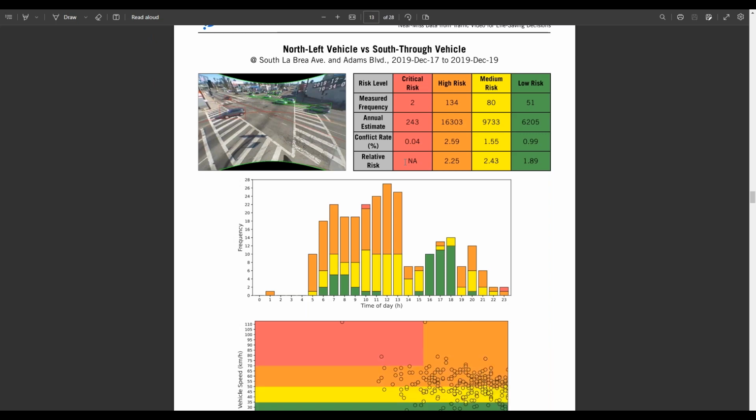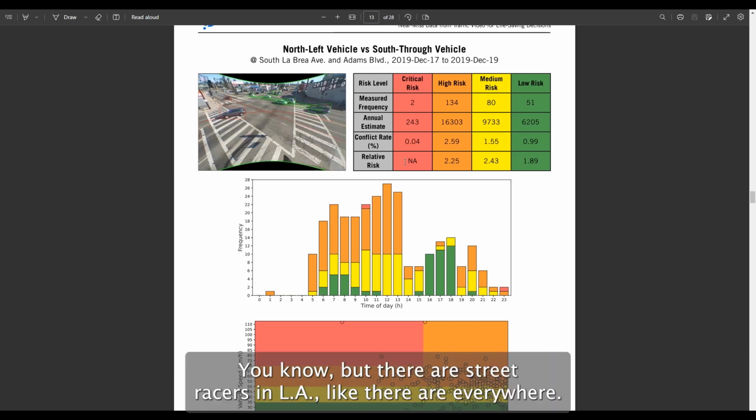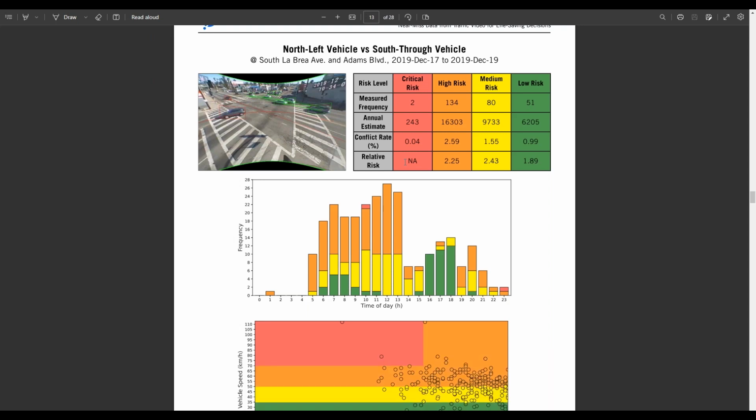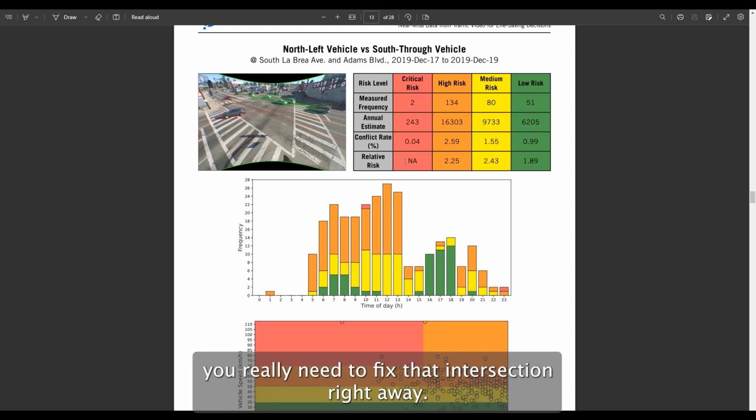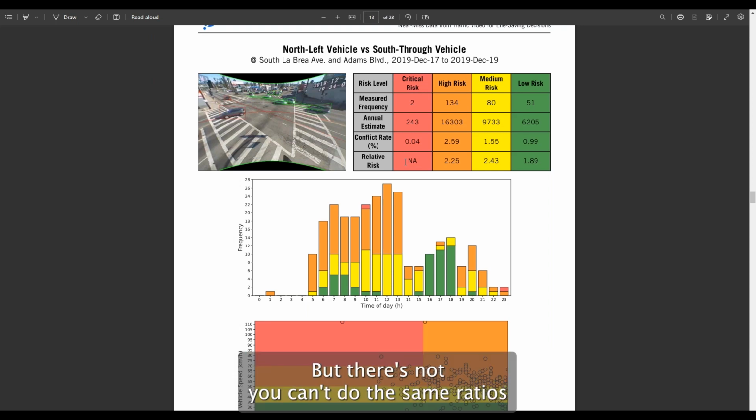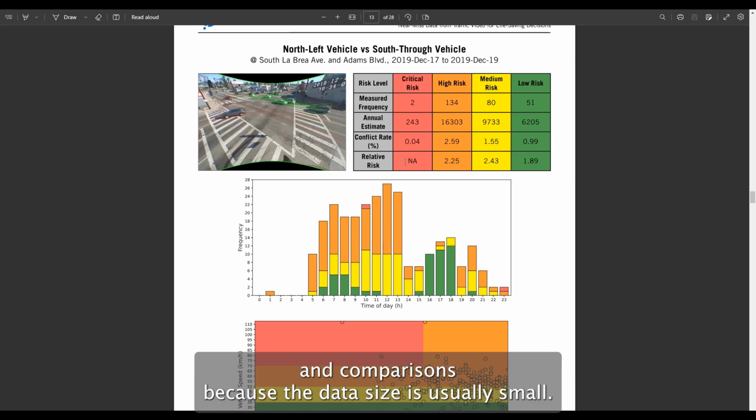But there are street racers in LA, like there are everywhere. And so it's just a pretty rare event. If you're seeing a big pattern of those, you really need to fix that intersection right away. But you can't do the same ratios and comparisons because the data size is usually small.